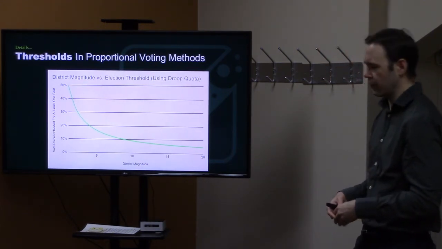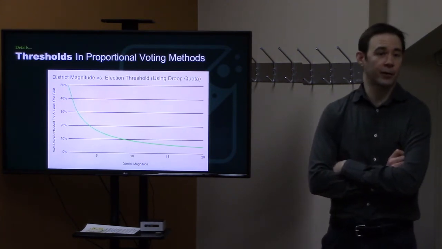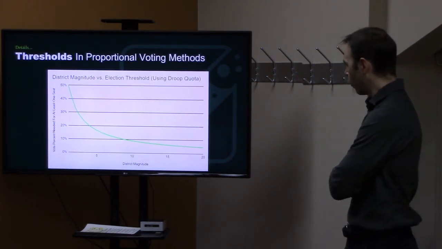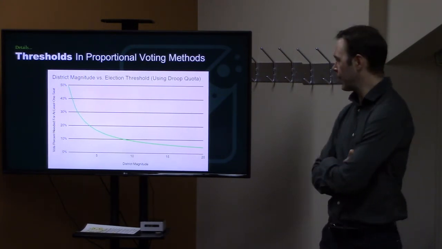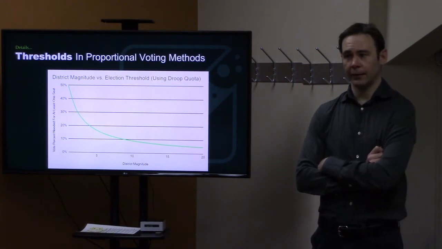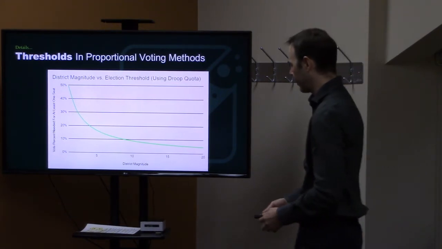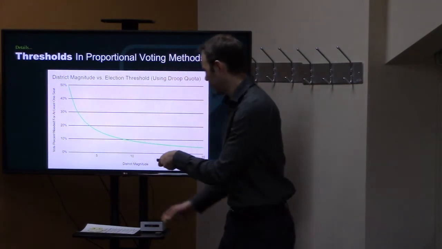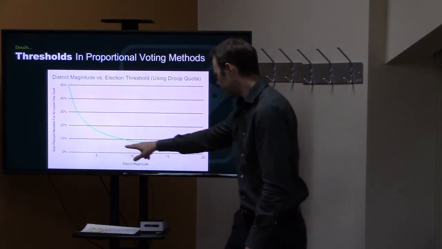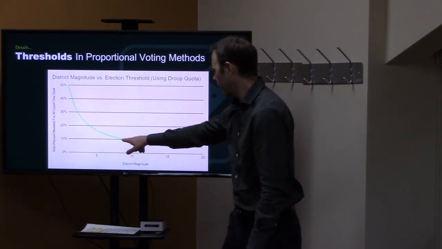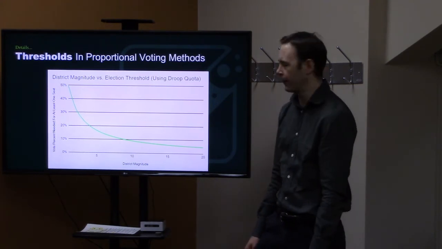Say there's a group that makes up 10% of the population. You would need to make sure that the number of people you're electing at the same time hits at least that magnitude. So if they make up 10% of the population, they would need about 8 or 9 seats elected at the same time.